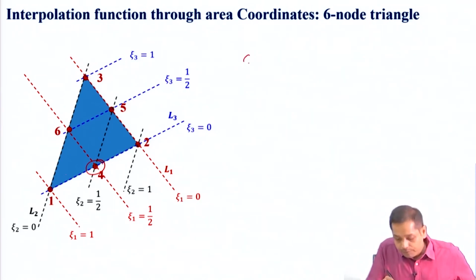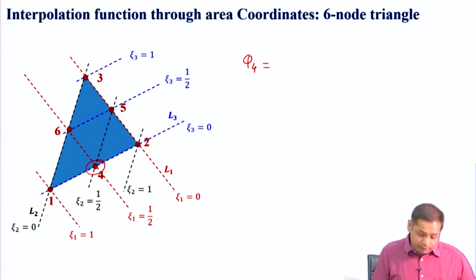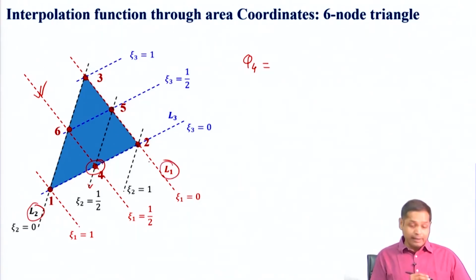Now let us find a shape function for a middle node, say node number 4. Now phi 4: at this node we have to consider both coordinates, this coordinate and this coordinate as well. In order to get the shape function for phi 4, we need to consider L2, and then we also need to consider L1, right?